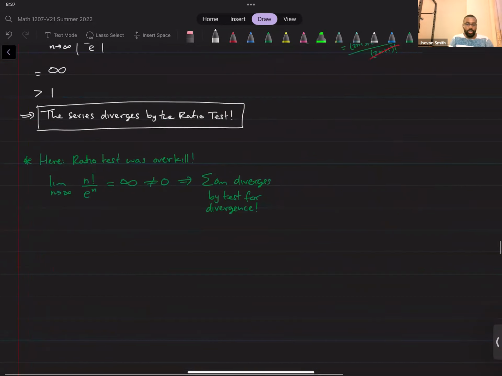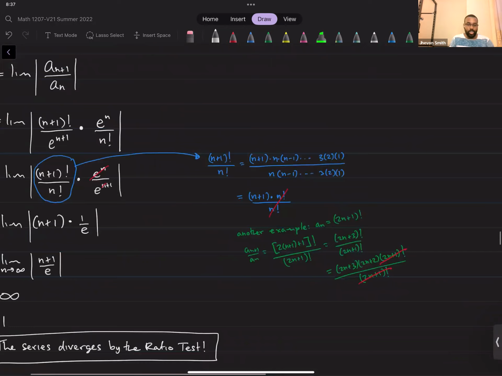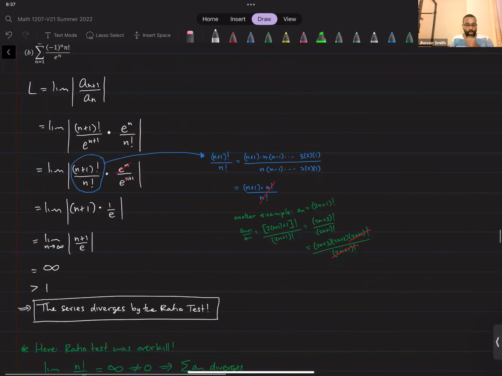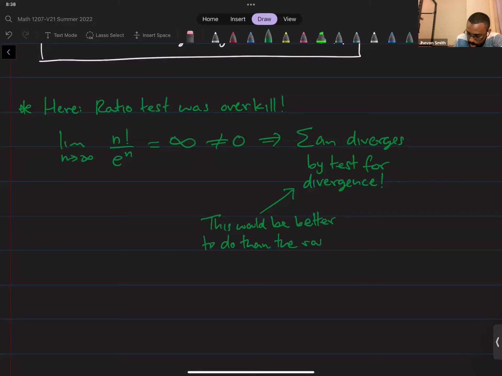I'm just going through this as an example of the ratio test because I wanted to show off this whole factorial trick. But technically speaking, this is better. This would be better to do than the ratio test in an exam.